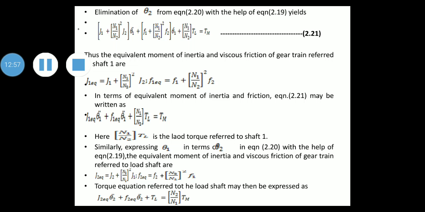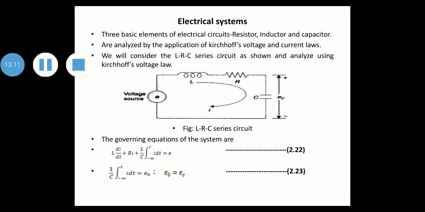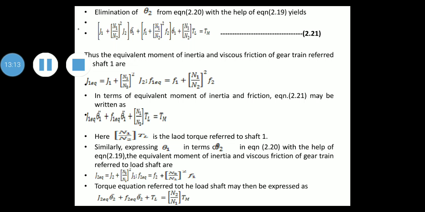The torque equation referred to the load shaft may then be expressed as J2 equivalent theta 2 double dot plus F2 equivalent theta 2 dot plus TL is equal to N2 by N1 Tm. What is observed is that inertia and friction parameters are referred from one shaft of the gear train to the other in the direct square ratio of the gear teeth. The same will hold for shaft stiffness when present.